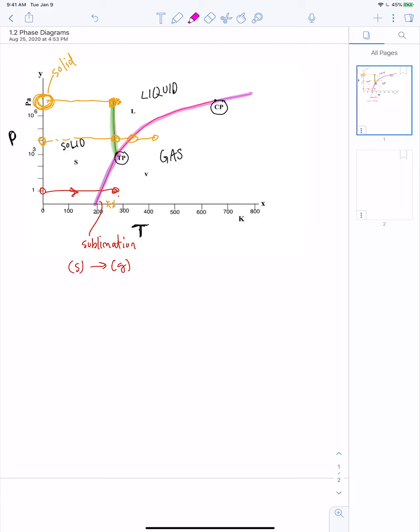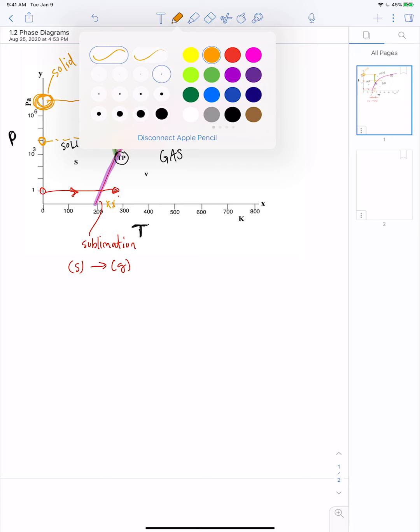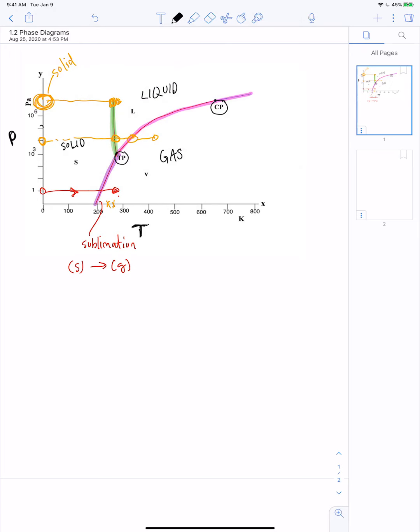But mainly when you're reading these types of phase diagrams, all you're doing is looking at a particular pressure and temperature, and you can say, so if I'm at this pressure here, 10 to the 5th, and I'm at a temperature of 400 degrees Celsius, I can immediately say what phase I'm going to be in.